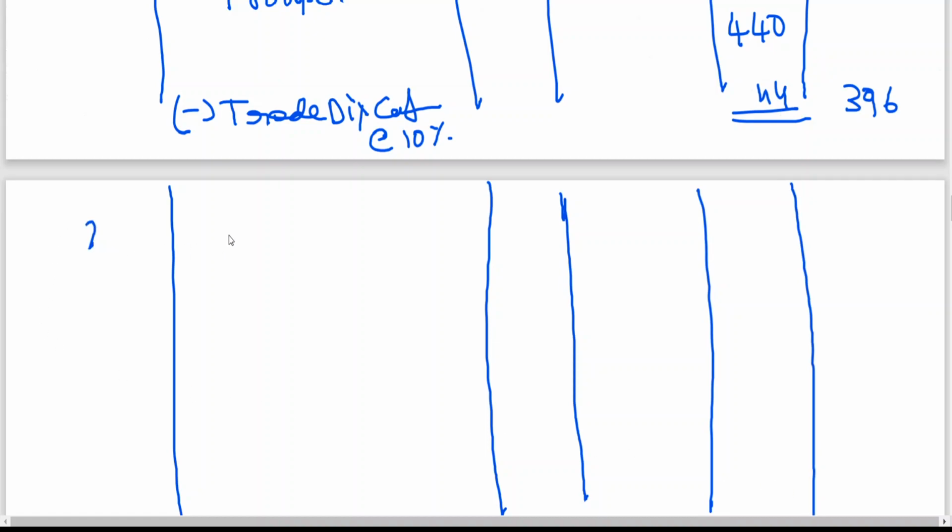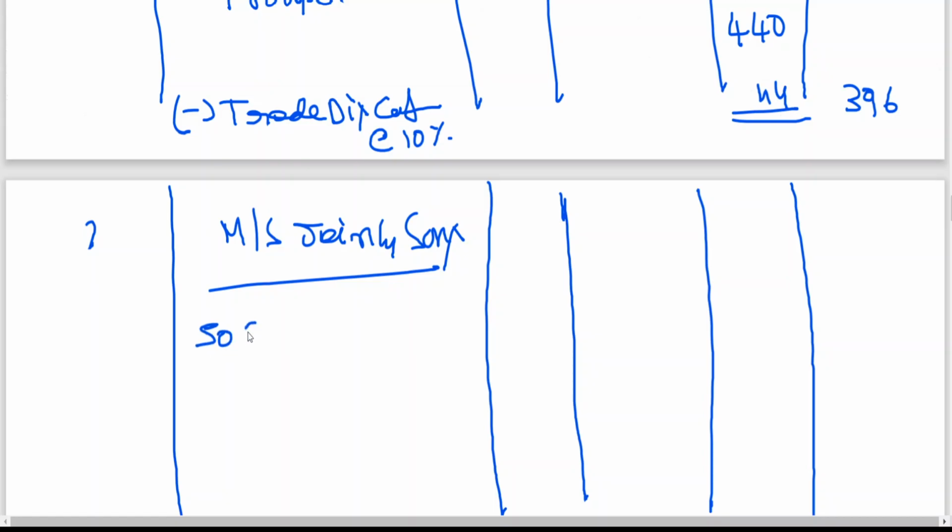Next, we do the next transaction. Messrs. Jain and Sons. 50 shirts at the rate of 8 rupees per shirt. 400.